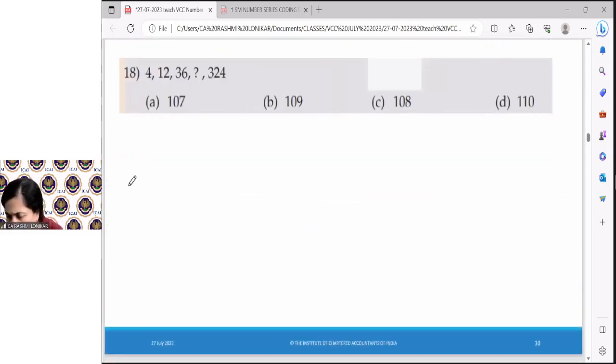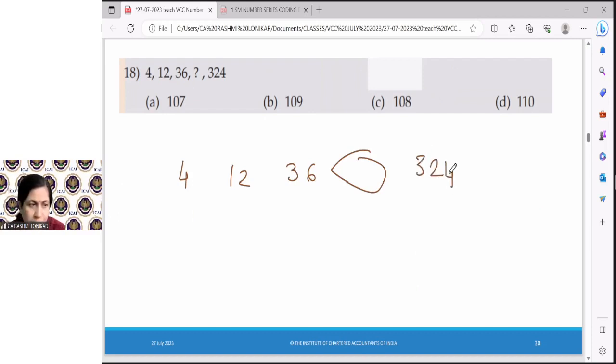Okay. Last sum before the break. 4, 12, 36, dash and 324. What is this difference?